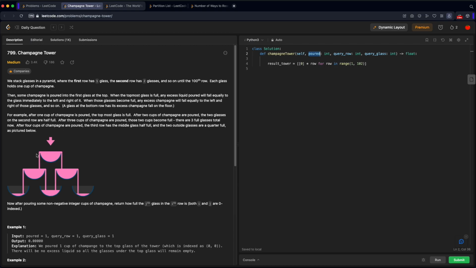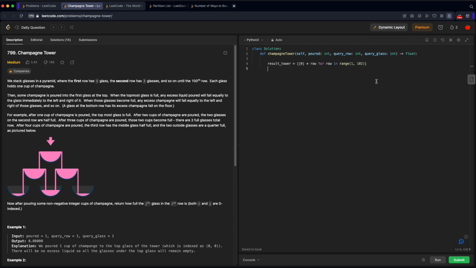It's going to have one glass of champagne, basically itself, that doesn't pour through, it just stays in the glass. So this glass's flow will be poured minus 1. Now these two glasses below: each will get poured minus 1, the amount that flows through the top glass, divided by 2. So half will flow into this glass, and this glass will have the same.